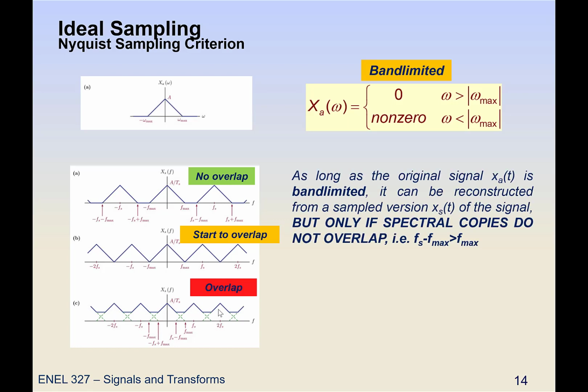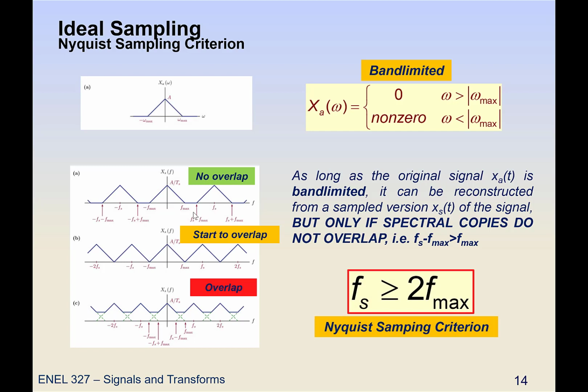As long as that original signal is band limited, it can be reconstructed from the sampled version, but only if those spectral copies do not overlap. And that basically says that Fs minus Fmax, this is going to be the trailing edge of that spectrum, has to be greater than Fmax in order to avoid overlap.